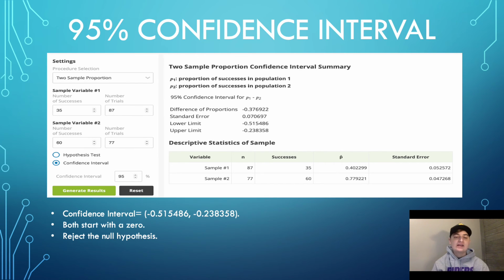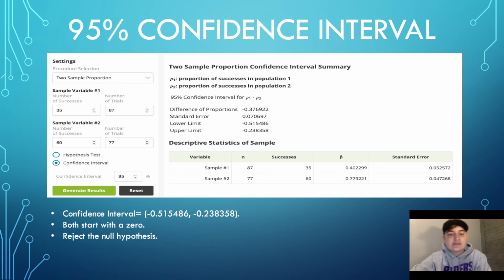Moving on to the 95% confidence interval, we can see that the confidence interval is negative 0.515486 to negative 0.238358. And this is my confidence interval.